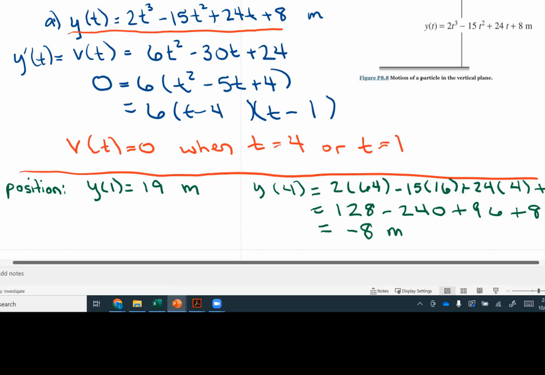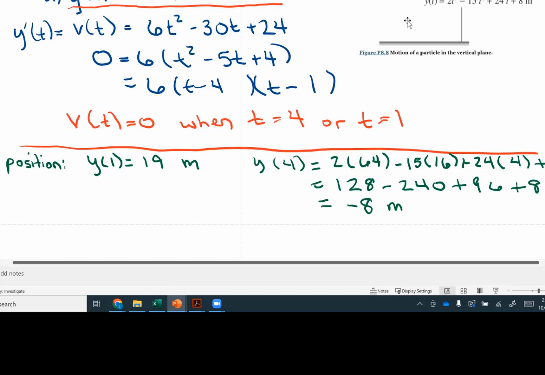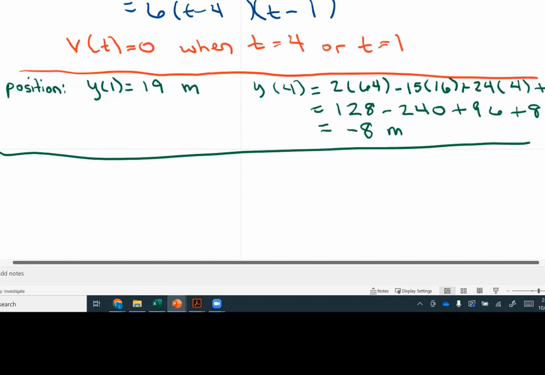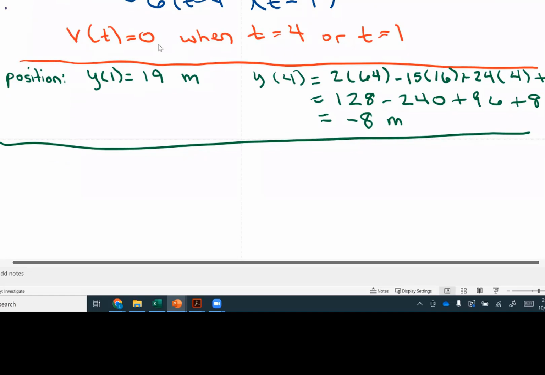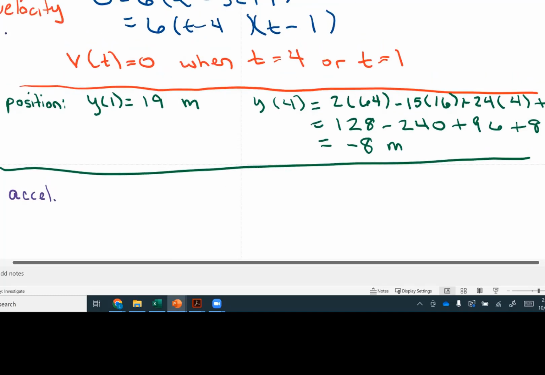And I also need to find my acceleration. Okay, so we have position. We have velocity. I need acceleration. And acceleration is the derivative of my v of t. So a of t is equal to v prime of t, and I'm going to just take the derivative.